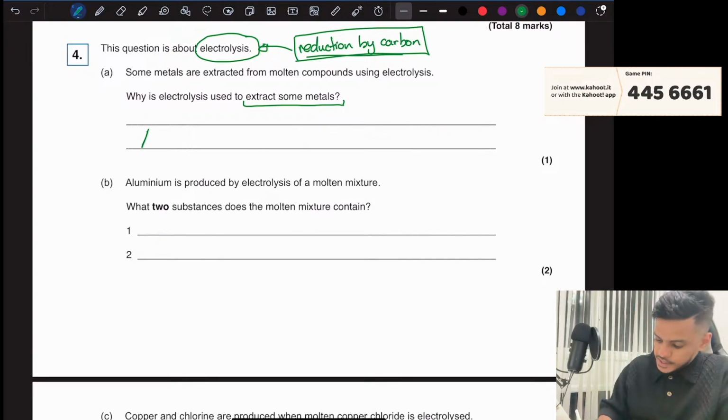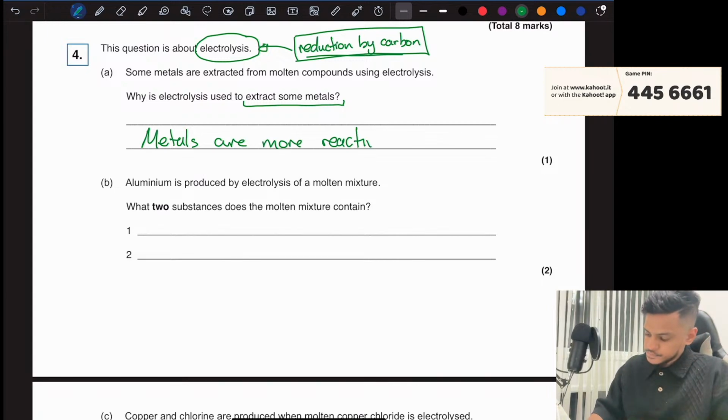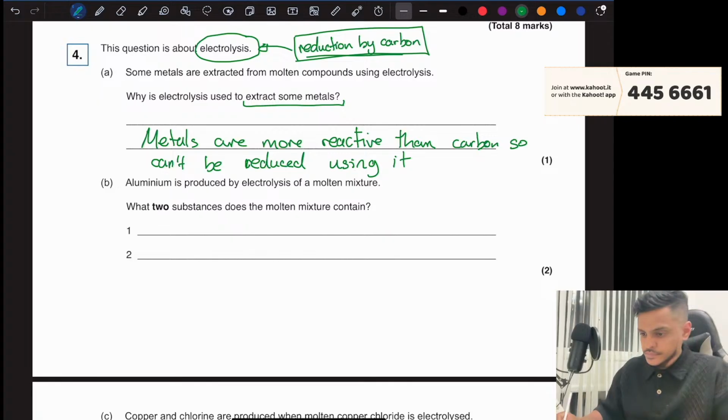So we can say metals more reactive than carbon can't be reduced using it. Yep, there we go. Don't say stable. I wouldn't say stable. Okay.